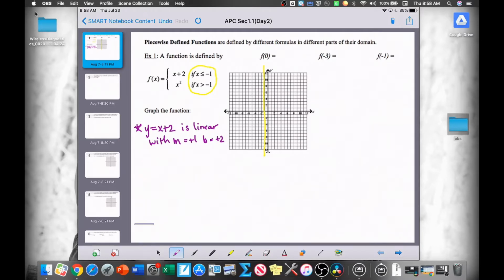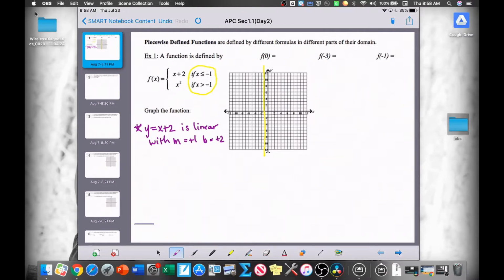So if I were to start with a y-intercept at 2, I'm going to put my pencil on 2, but understand that the function does not live on the right side of the yellow line. So I'm just going to have to work backwards until I hit the yellow line. So I put my pencil at 2. And then if my slope is +1, if I were moving in the right direction, I'd be going up 1, right 1, up 1, right 1. So moving in the left direction from my y-intercept of 2, I'm going to be going down 1, left 1.